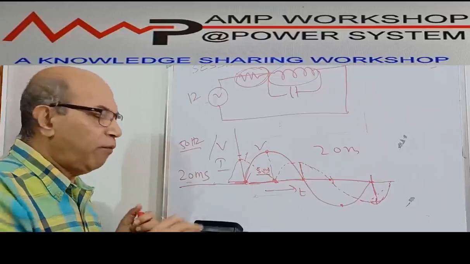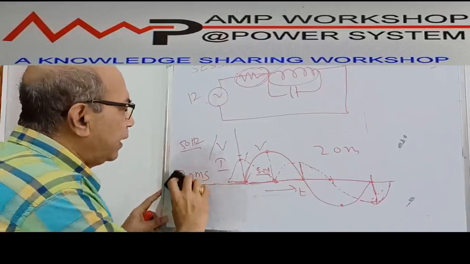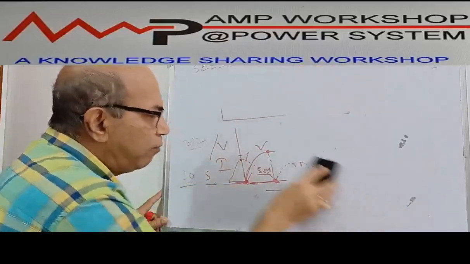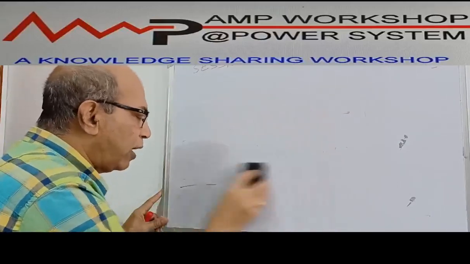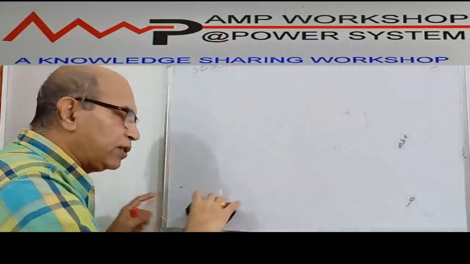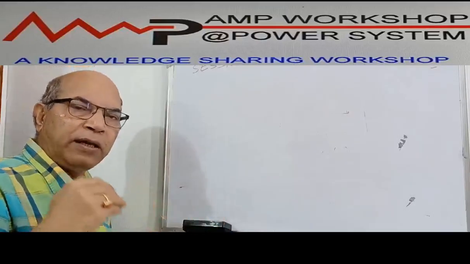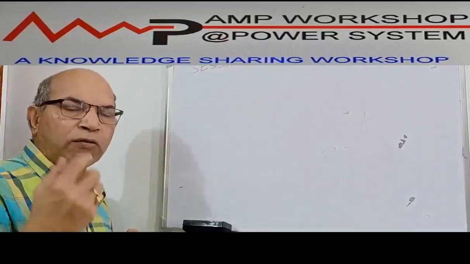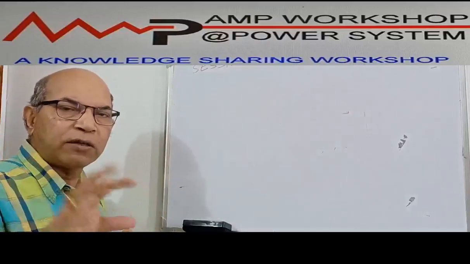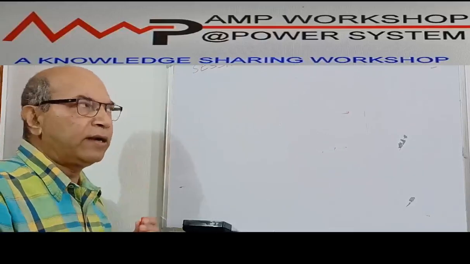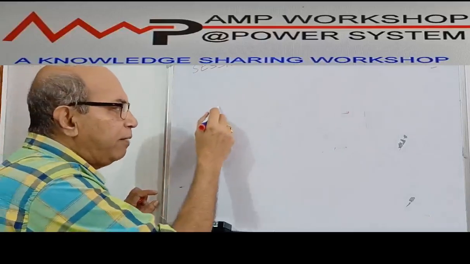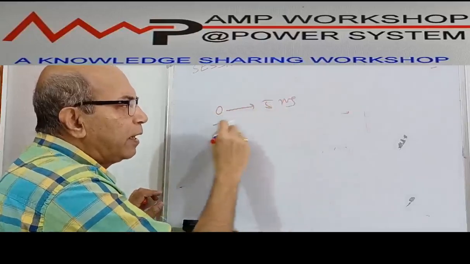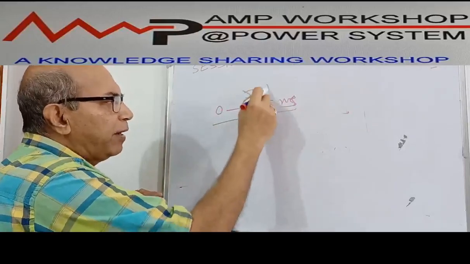So we can say for an electrical circuit, the change of current following the change of voltage is not instantaneous. It depends on the combination of resistance and inductance of the circuit, and depending on that, this time difference can vary from 0 millisecond to 5 millisecond for a 50 hertz supply.